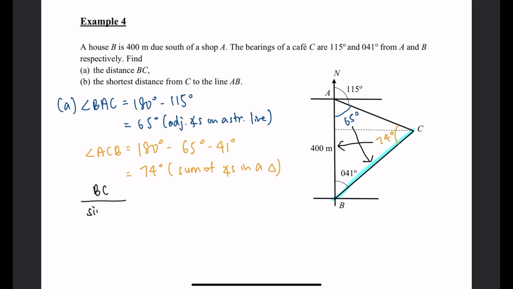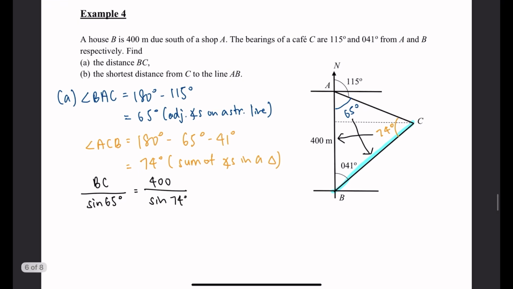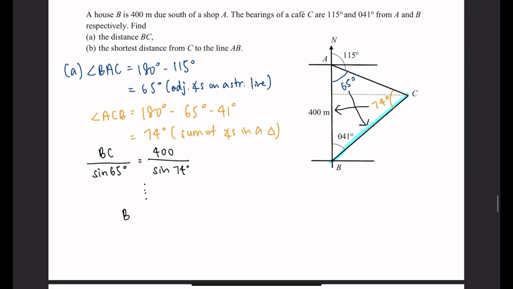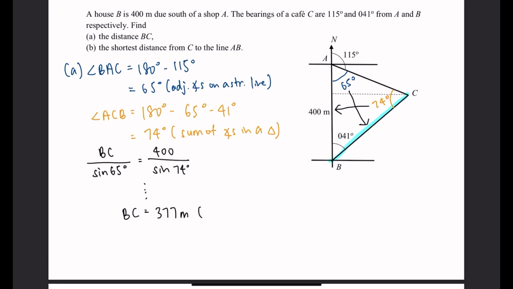So BC over sine 65 degrees equals to 400 meters over sine 74 degrees. Please help me to do your own calculation for this. I'm sorry, for the intermediate step, please help me to do. BC, you will get 377 meters to 3 SF. So the intermediate steps, please help me to write on your own.